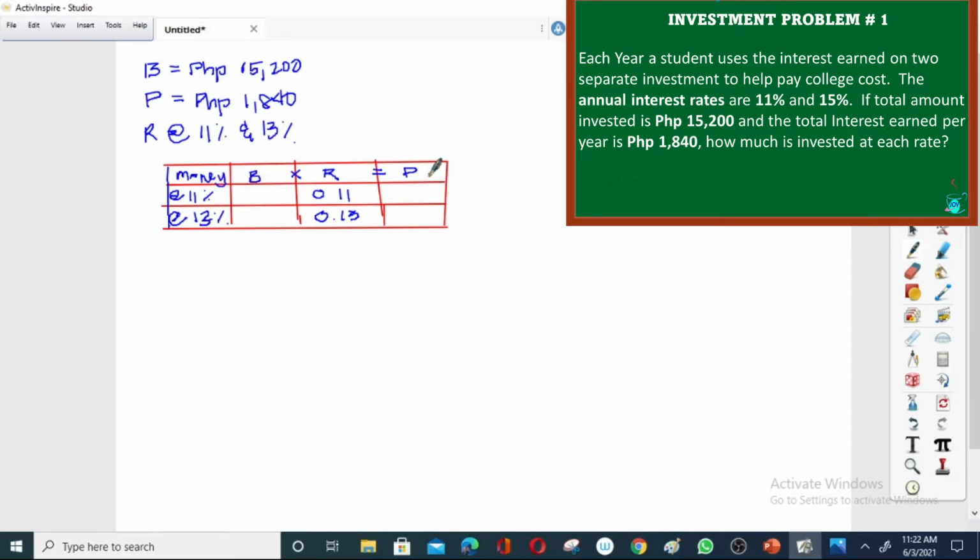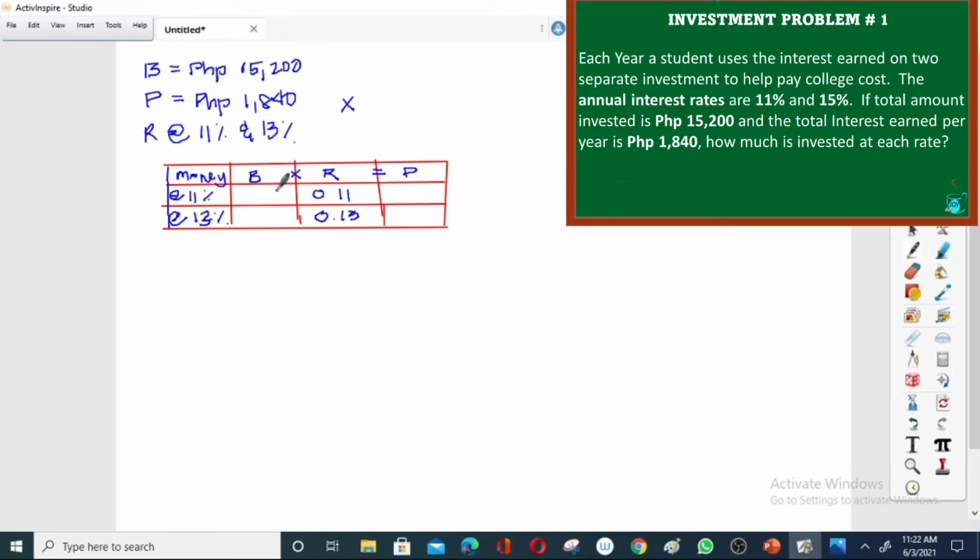So the value of P depends on R and B. Now, we will use the variable X to represent the value of B. Since we have the total invested amount, 15,200, to be distributed at two different rates, 11% and 13%, the question is, which rate will be assigned X?